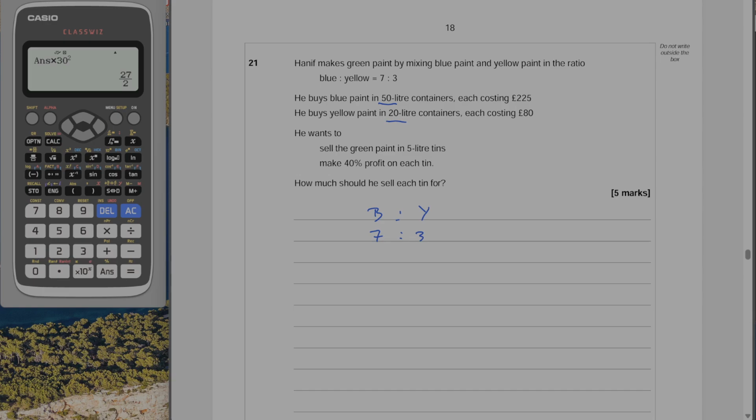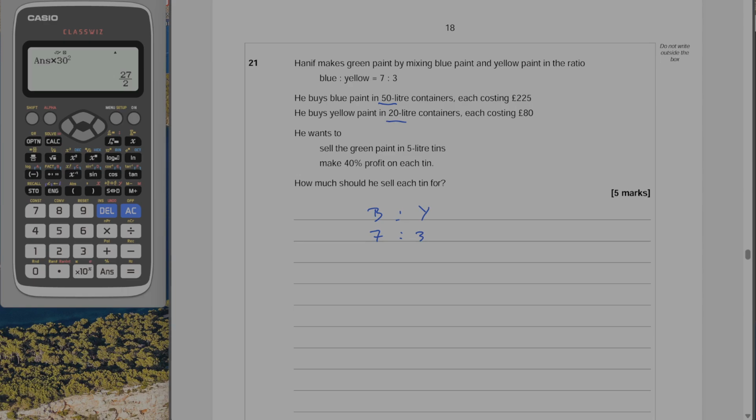Right, so strategizing before we do this. We need to work out the cost of making the green paint. We could work out exactly how much, assuming that we can only buy 50 litres and 20 litres. We could work out a huge value for the minimum amount, but realistically, it's not going to affect anything.